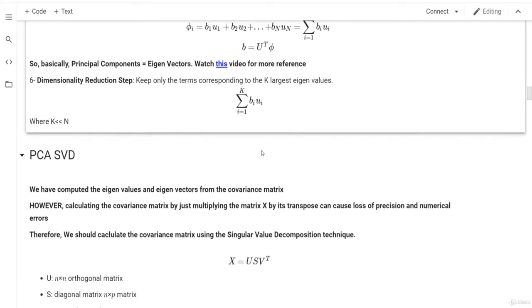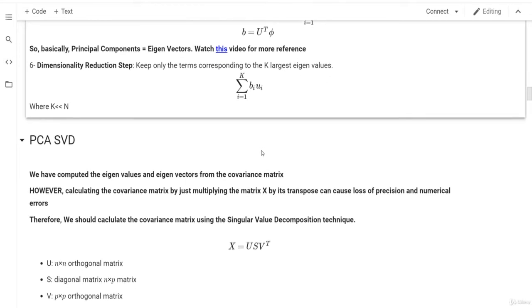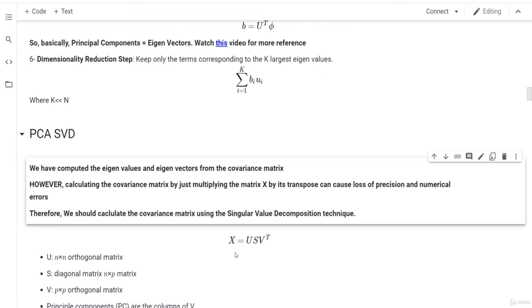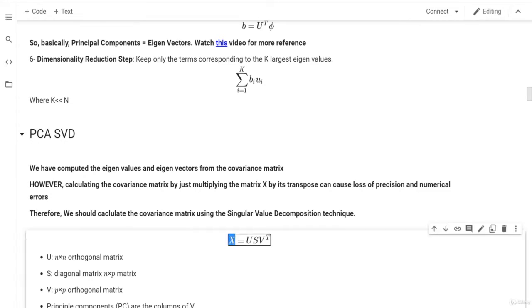This is a very famous linear algebra concept. We will not go into the details, but what you need to know is that any generic matrix can be computed using the multiplication of three matrices: U, S, and V transpose.